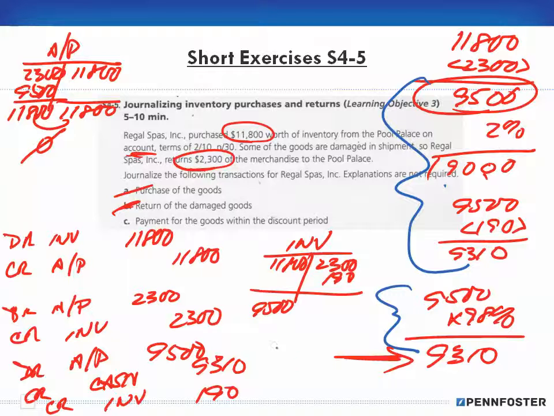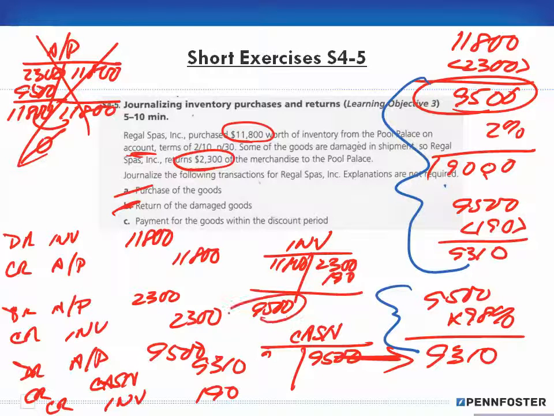Okay, so, and to further that along a little bit more, now I have my cash, and I just credited my cash for 9,310. So the net effect here is that my accounts payable washed out, right?